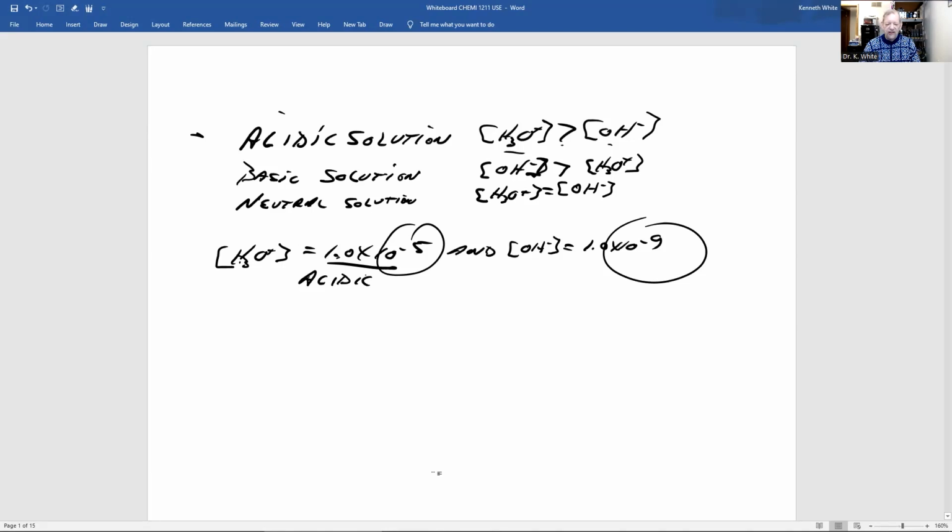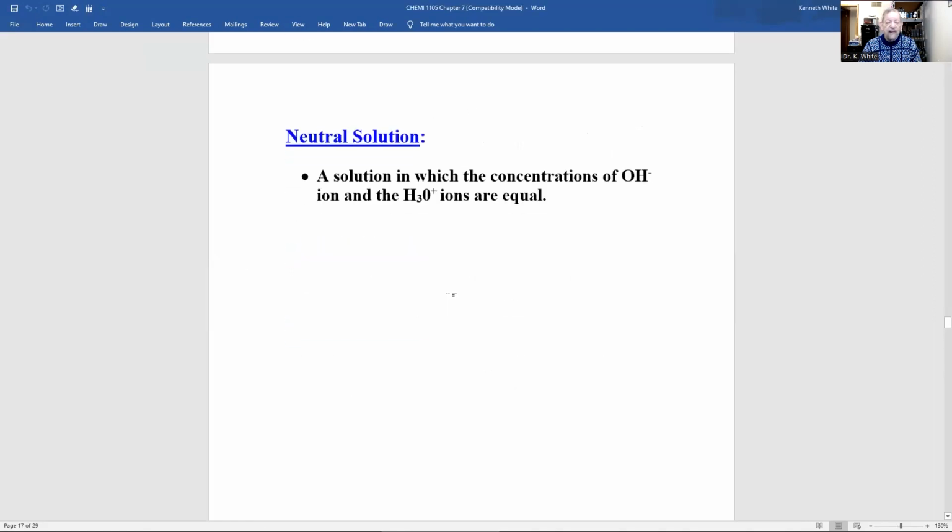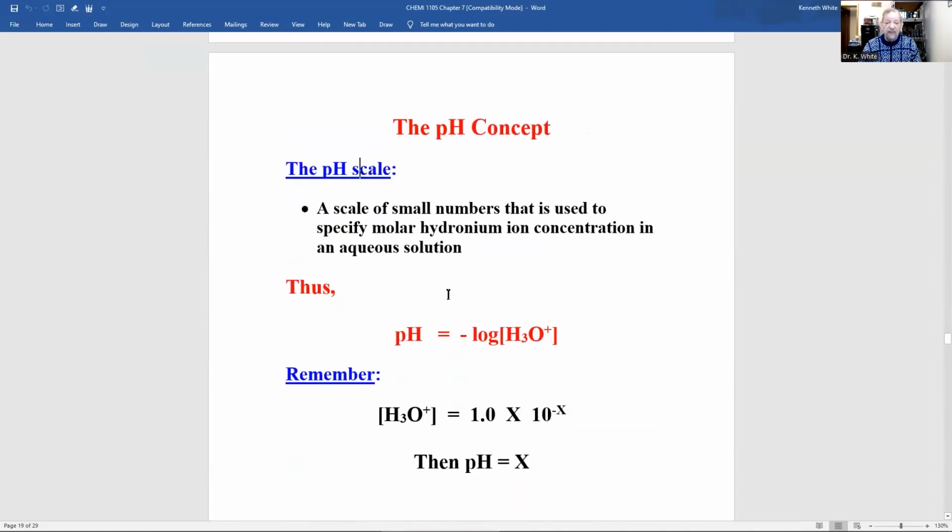Well, good news. Someone came up with a concept that makes it easier to find out if the solution is acidic, basic, or neutral. And that concept is called the pH concept.